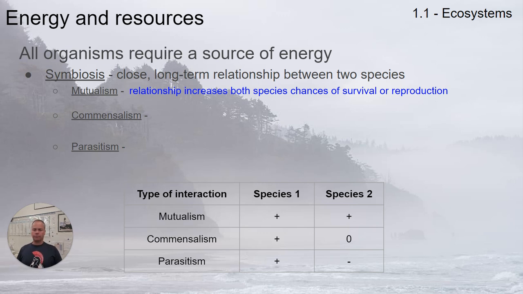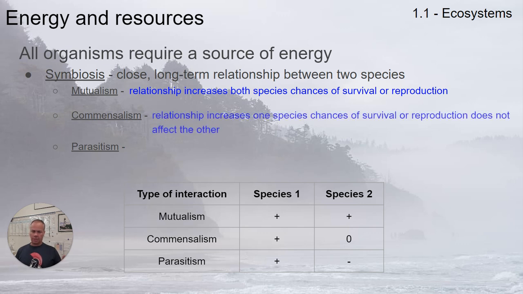We'll talk about three of them. One is called mutualism. In this relationship, both of the species are benefiting in some way. They're increasing their chance of survival. They're increasing their chances of reproduction by participating in this relationship. And we'll talk about some examples here in a minute.